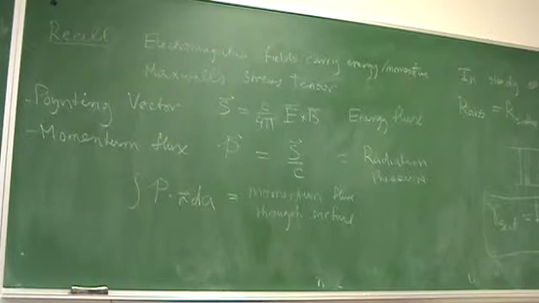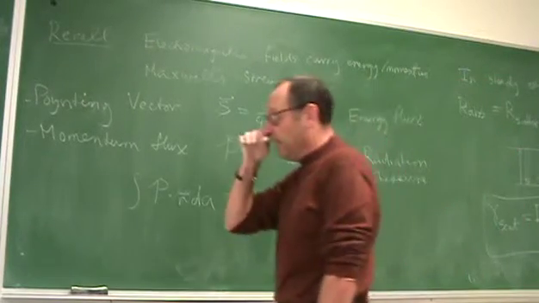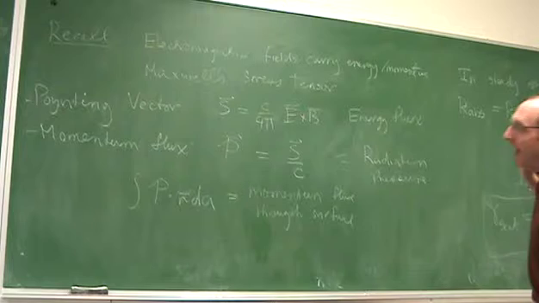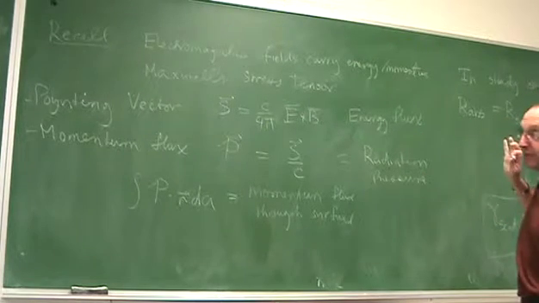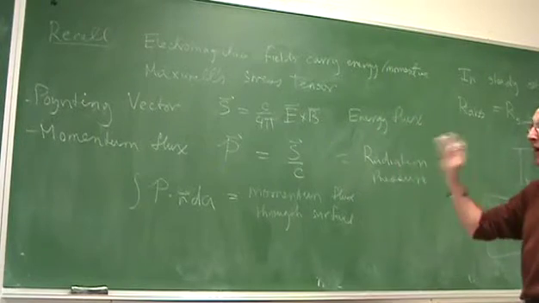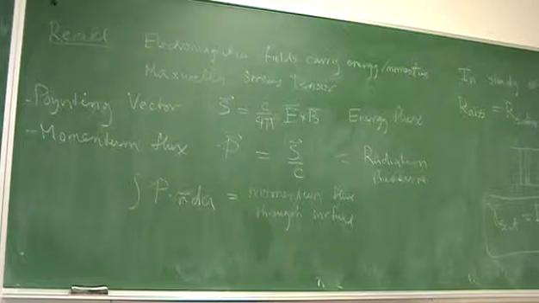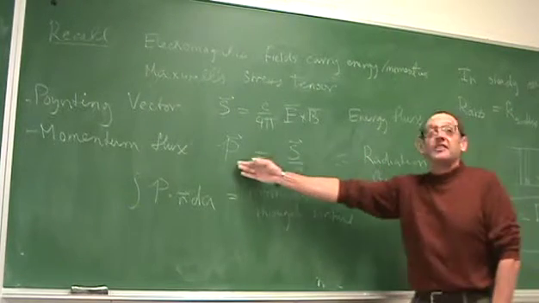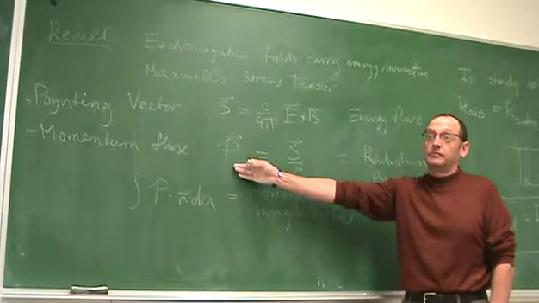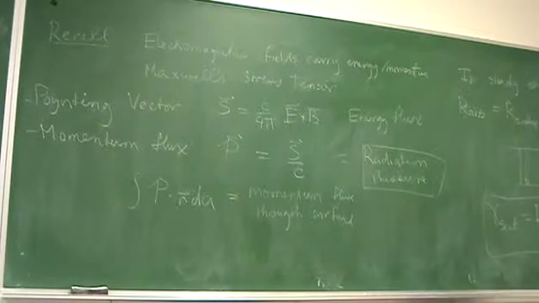That is to say, electromagnetic radiation, if it's propagating, can be absorbed and can exert a force on matter. And the amount of force is related to how much of this momentum flux is absorbed. So radiation pressure is a classical notion.